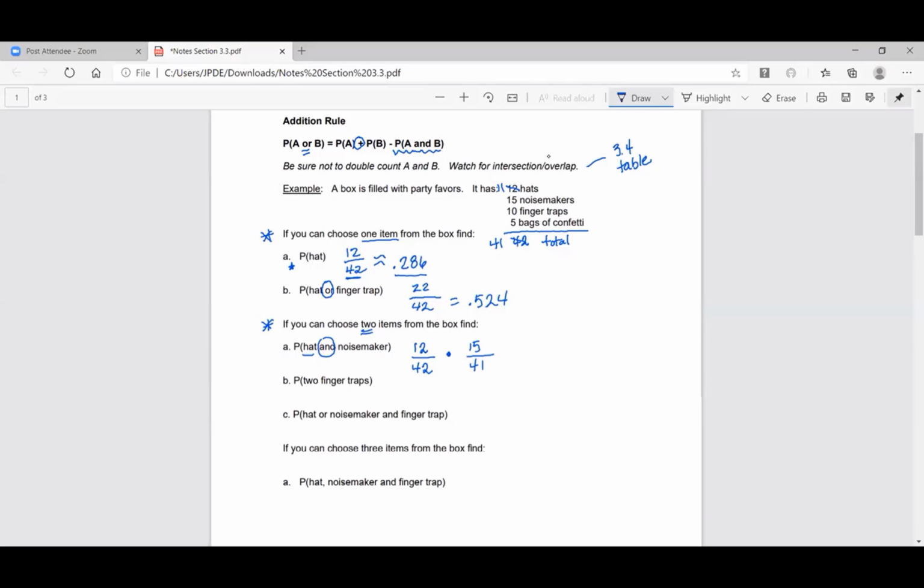Sometimes what will bother students is they'll say, well, I don't know whether they replaced it or not. They didn't say. The assumption is no replacement. If it's being replaced, they'll tell you. The assumption is no replacement. Let me put here, assume no replacement.